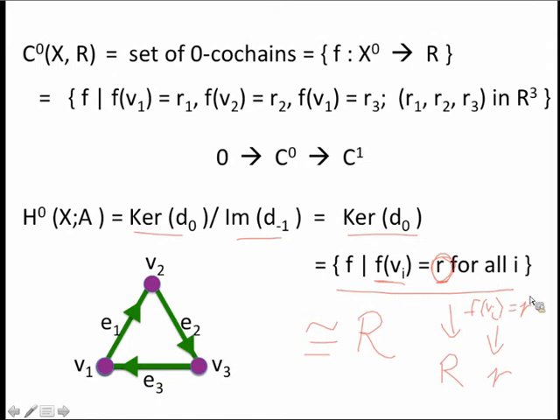And I can add these functions just fine. Adding these functions means that f plus g would be sent to r1 plus r2, where f was the constant function going to r1 and g was the constant function going to r2. And so we can think about this thing as being equivalent to our ring right here.